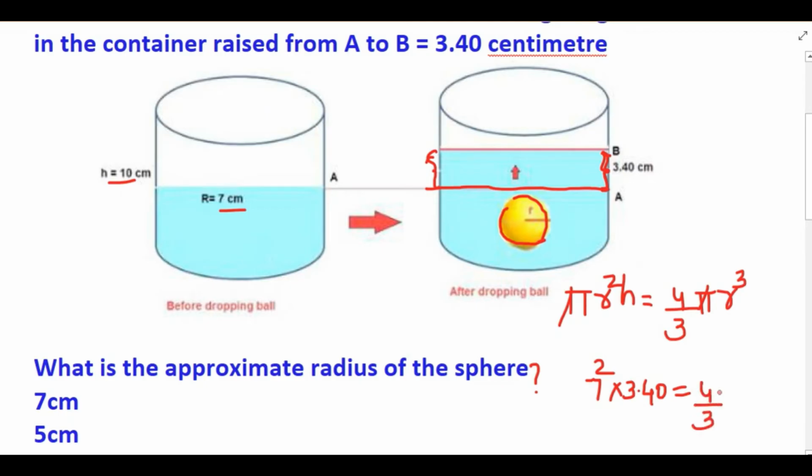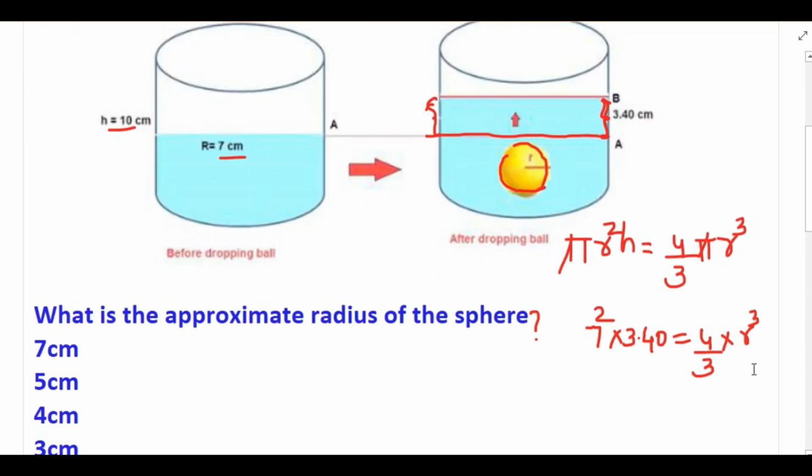Again 4 by 3 into r cube we have to find out. So when you cross multiply this, we have 49 into 3.40 into 3 divided by 4. This will give you r cube.